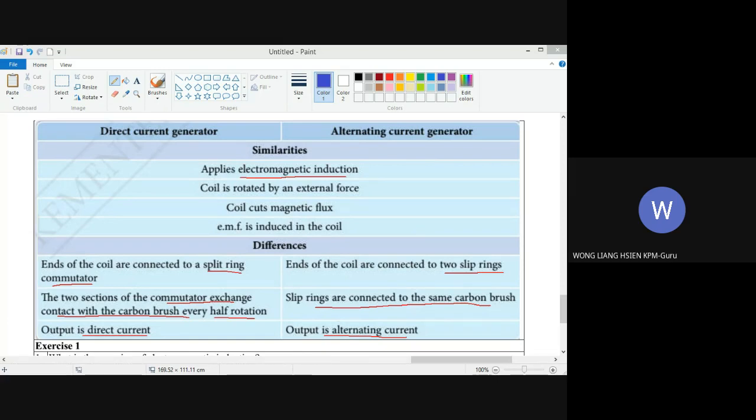Okay, so let's discuss question number 4. It is a structure question.